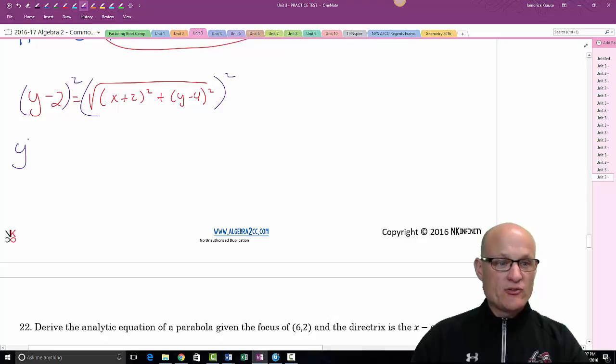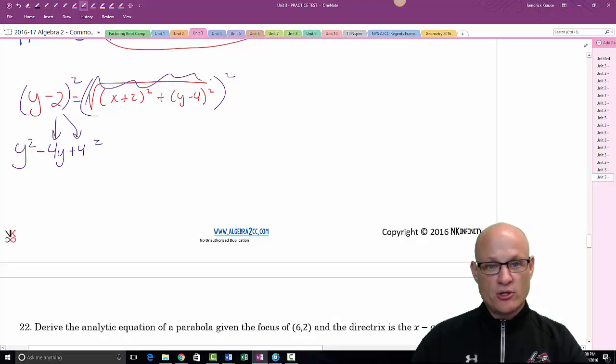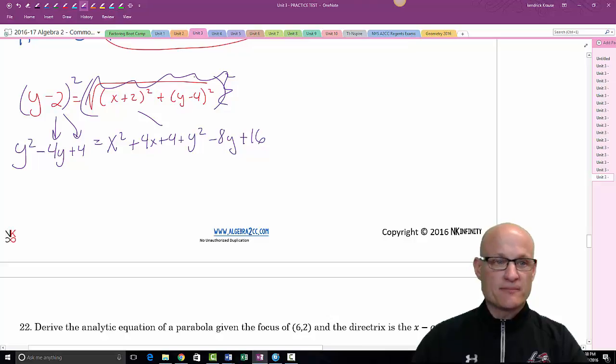This is y squared, double the negative 2, plus 4. So double it, square it, is equal to x squared, double it, 4x, square it, plus 4, plus y squared minus 8y plus 16.